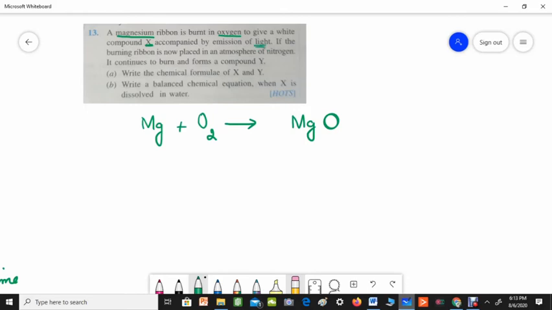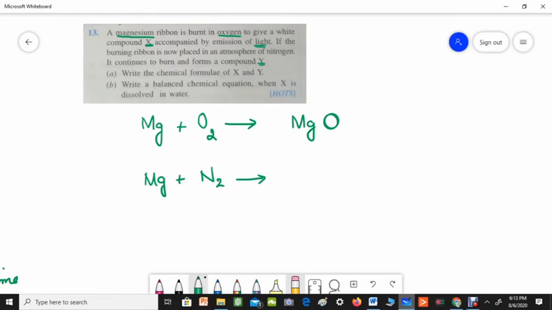If the burning ribbon is now placed in an atmosphere of nitrogen, it continues to burn and forms a compound Y. When magnesium reacts with nitrogen, what is the product obtained? That is the question.